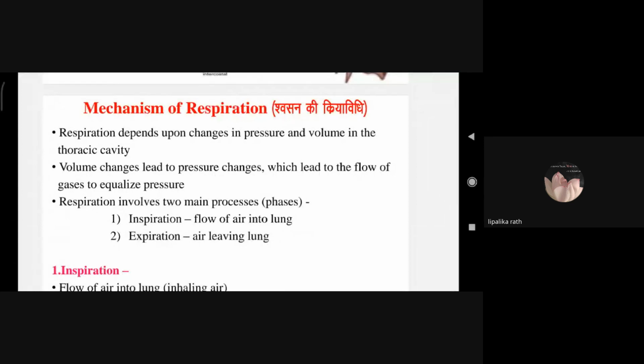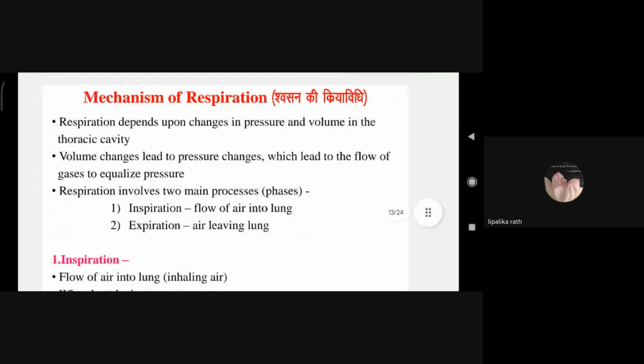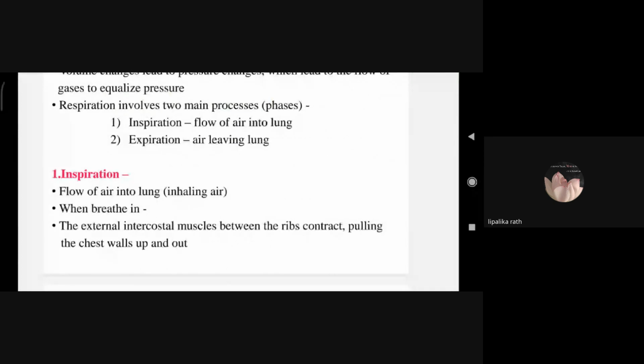Respiration involves two main processes, inspiration and expiration. These are very simple concepts we all know. Next is inspiration, the flow of air into the lungs, or inhaling or breathing in.